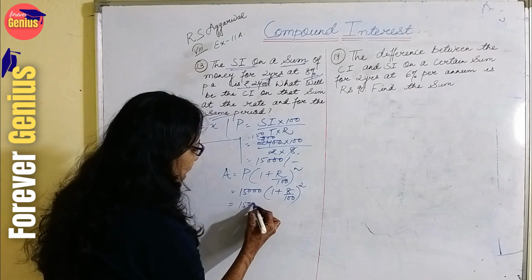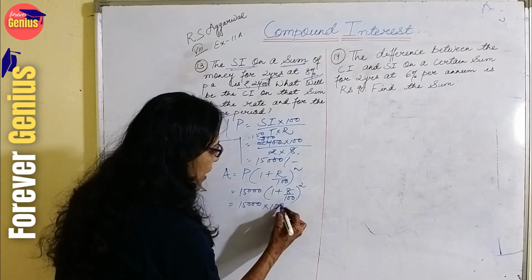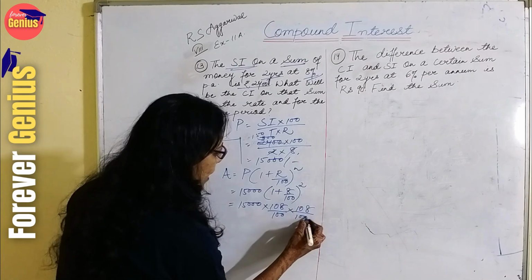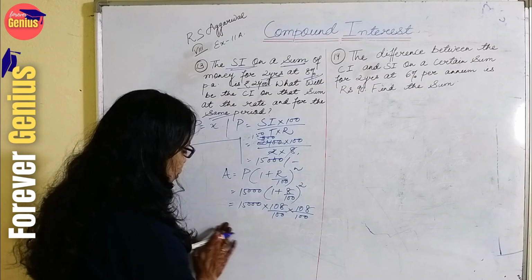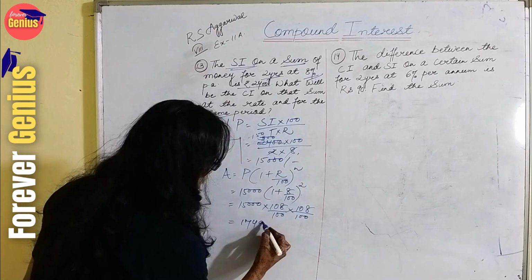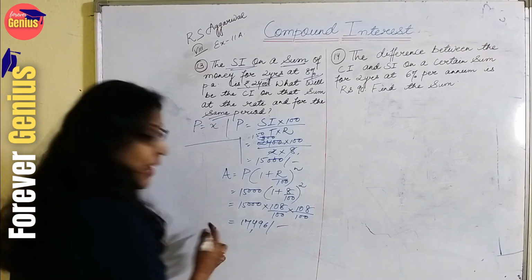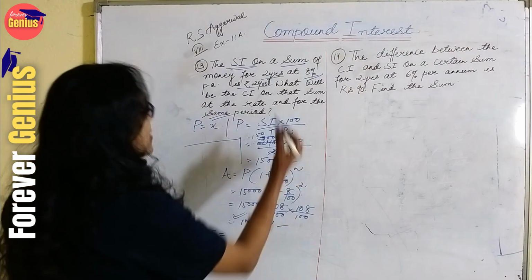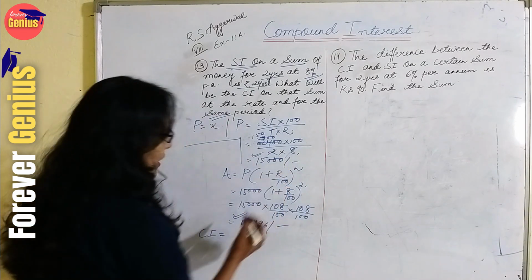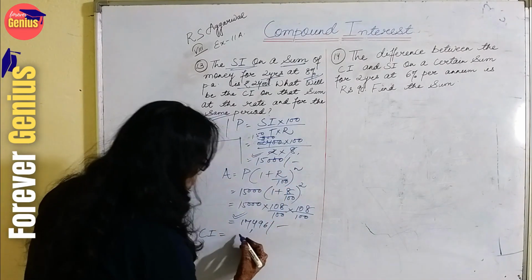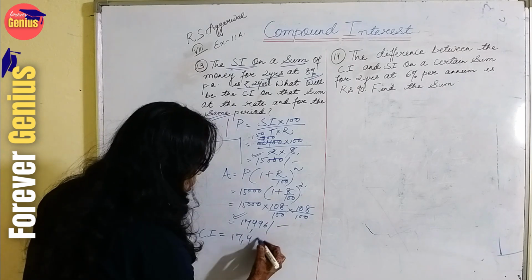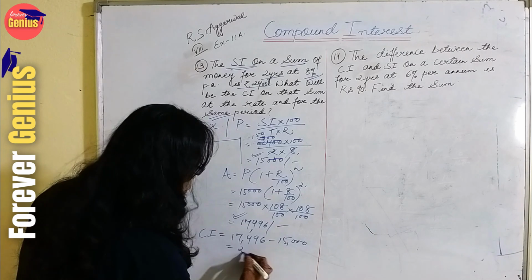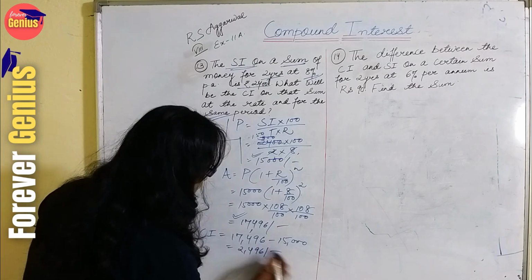This is equals to 15,000 into 108 by 100 into 108 by 100. This amounts to 17,496. Now the compound interest will be by subtracting this and 15,000. So it will be 17,496 minus 15,000, which is equals to 2,496.